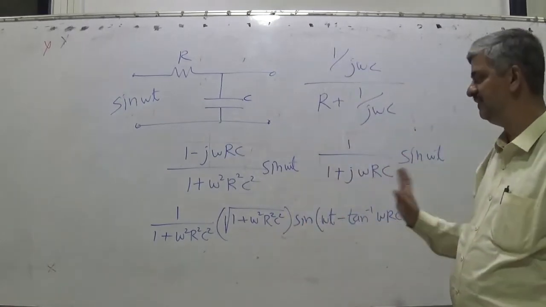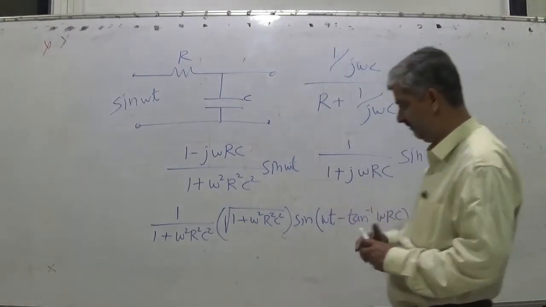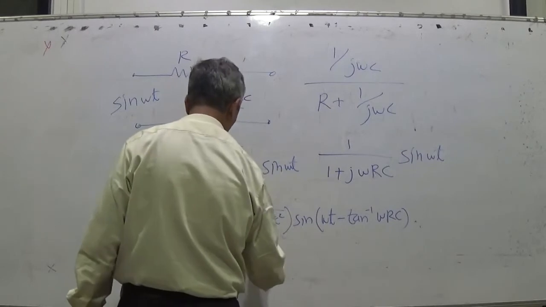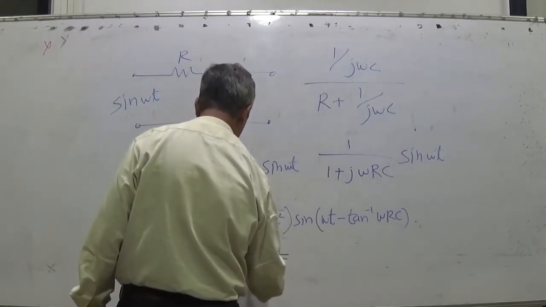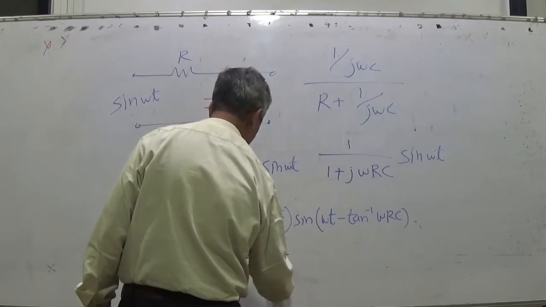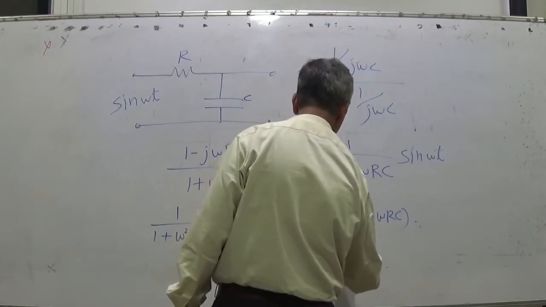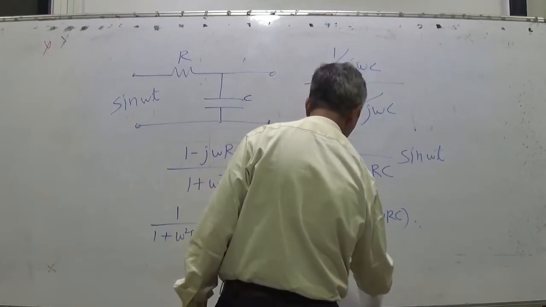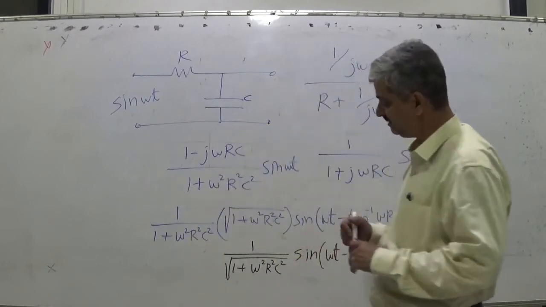So this is a general expression. Now we can make it further clear: 1 upon under root 1 plus omega square R square C square, sin of omega t minus tan inverse of omega RC.